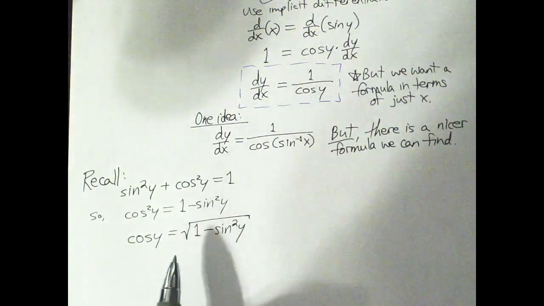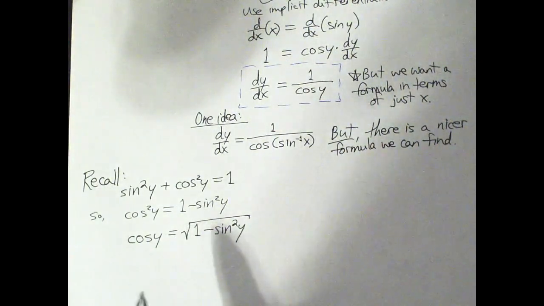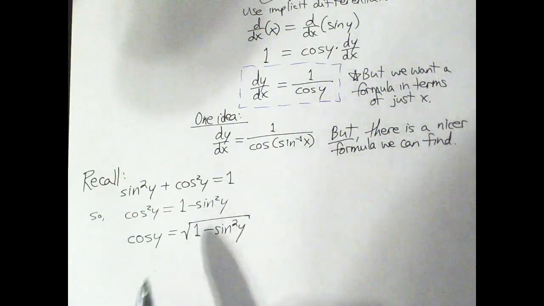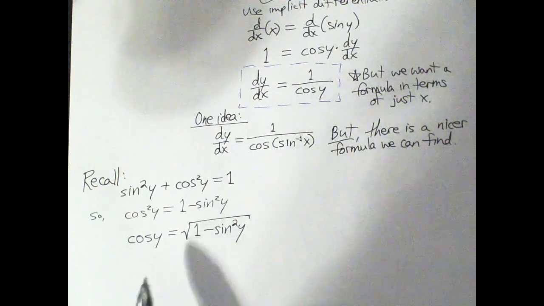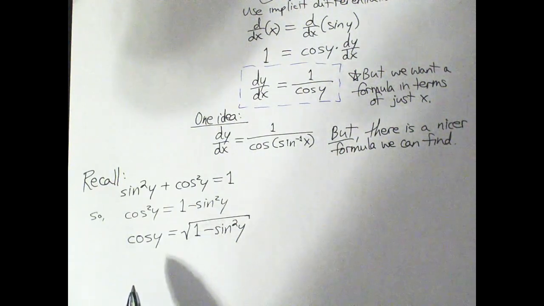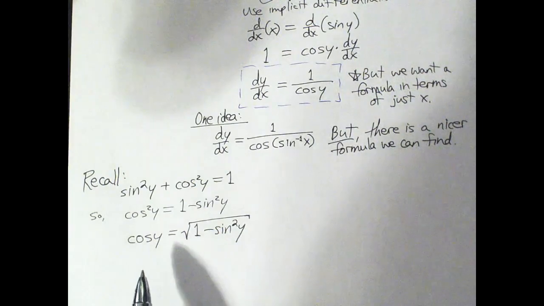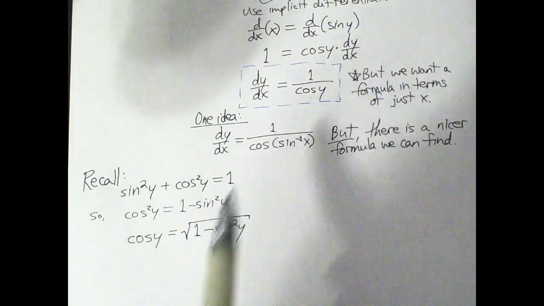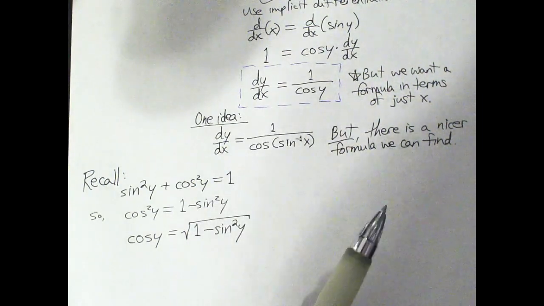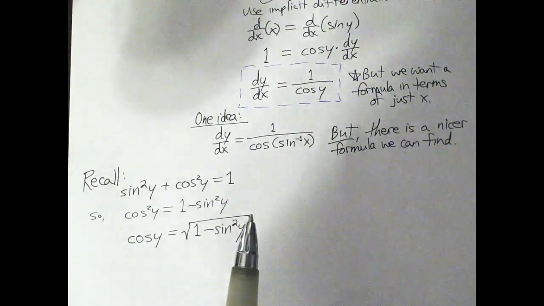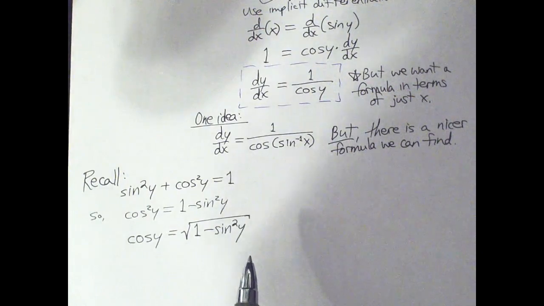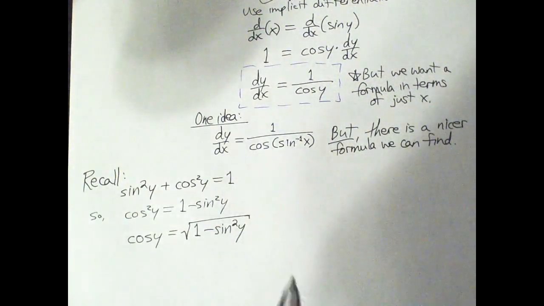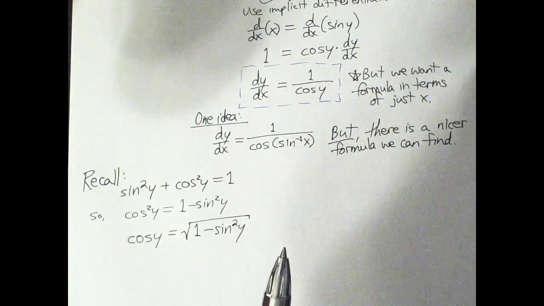Something just happened here. We took a square root of both sides, and usually you would expect a plus or a minus sign to show up. But I didn't write the plus or minus sign. I just wrote it as positive. Do you know why I did that? Well, it has to do with the domain and range that we're working with when we talk about inverse sine of x. In our final rule, we're going to actually specify what the domain is for x.